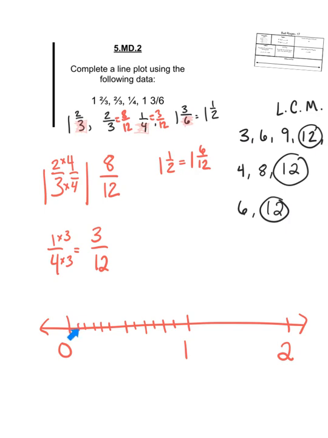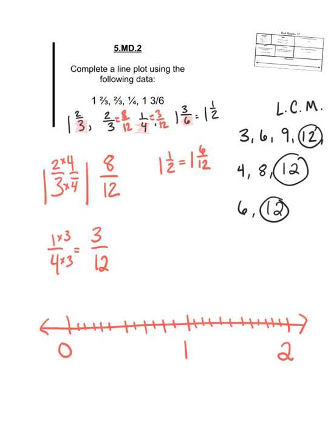Let me check. 1, 2, 3, 4, 5, 6, 7, 8, 9, 10, 11, 12. Yes. All right, and then I can just go ahead and plot my values on here.